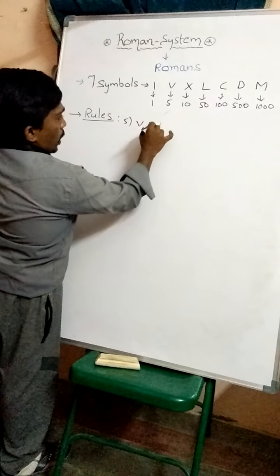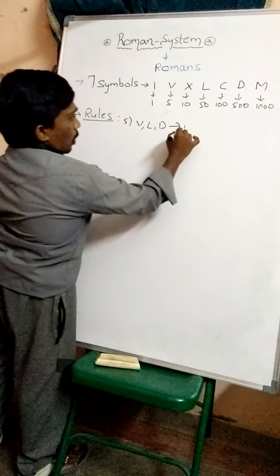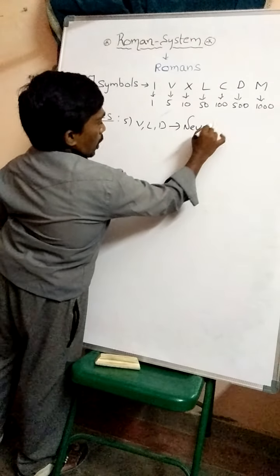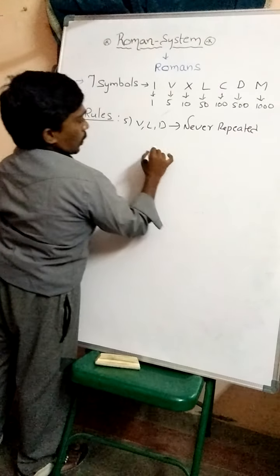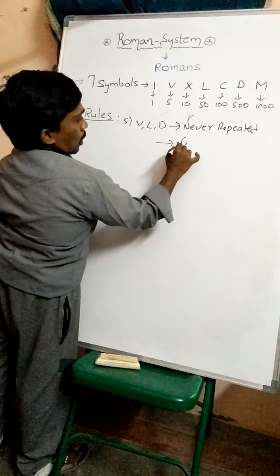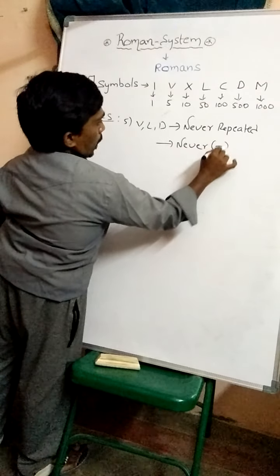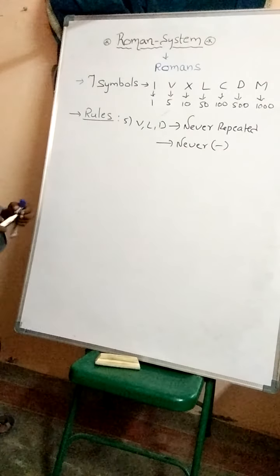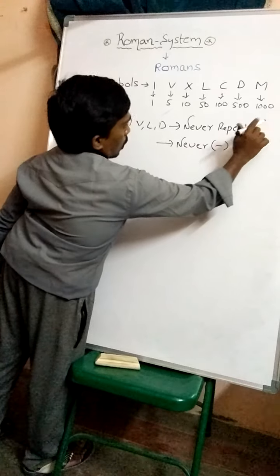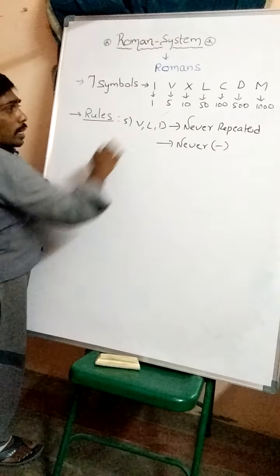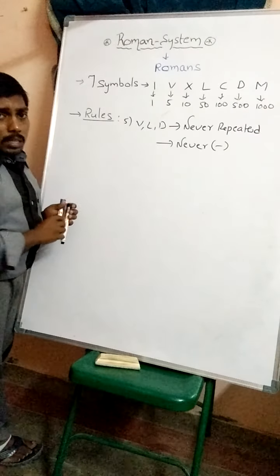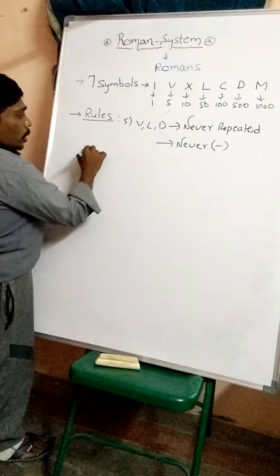The symbols V, L, D are never repeated and never subtracted. These 2 points you should remember. Let us see one example here.